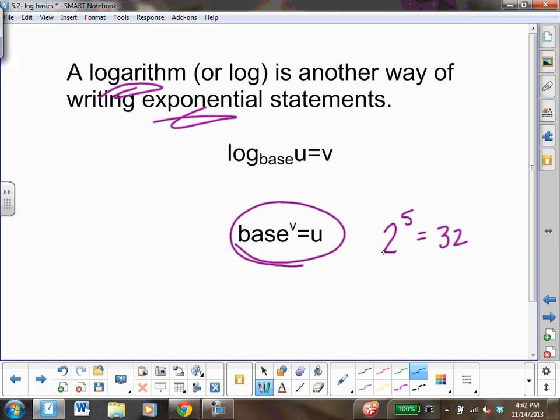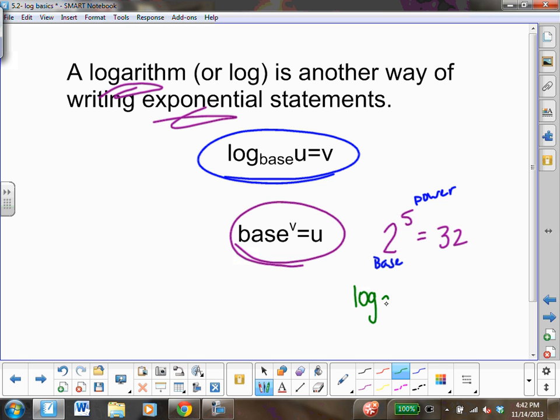In this case, 2 would be our base, 5 is our power, and 32 would be our solution. Well, in a logarithm, it's a little bit different. You still have the log base, and you say it log base 2 of 32 equals 5.